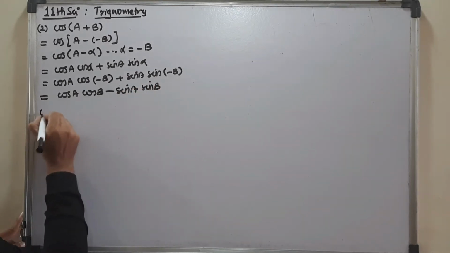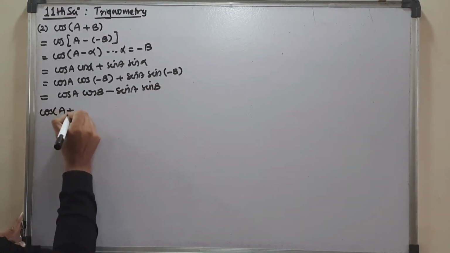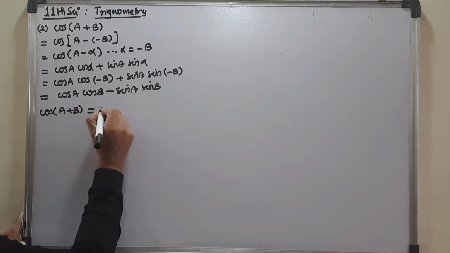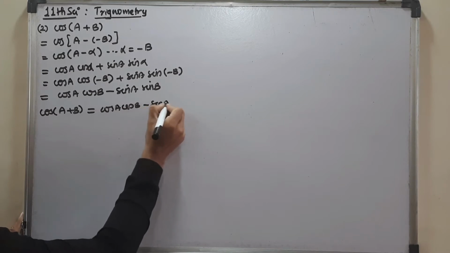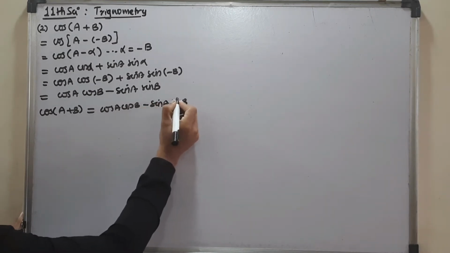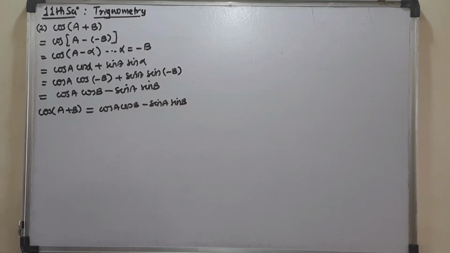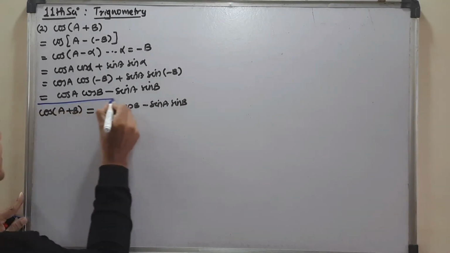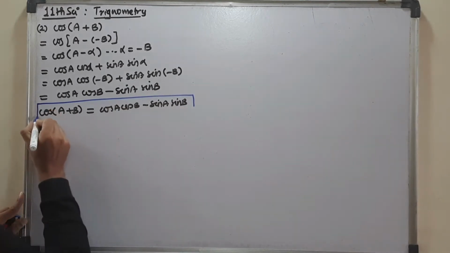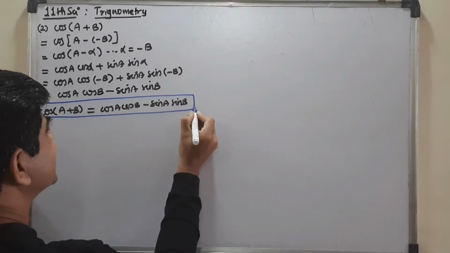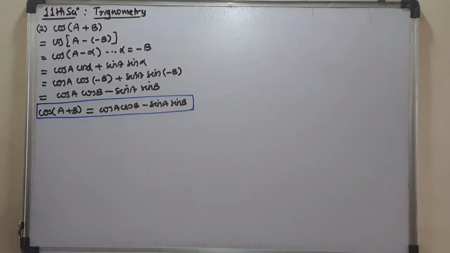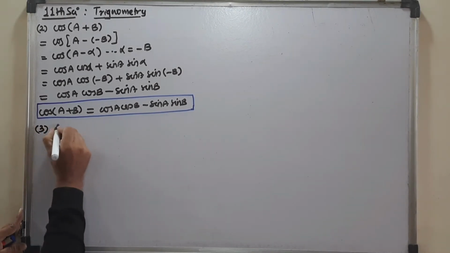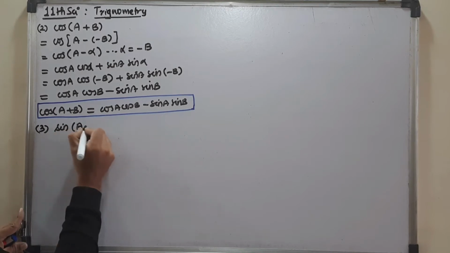So I got another result, that cos a plus b is equal to cos a cos b minus sine a sine b. Okay, this is your another result. Now using these results only, we will find out all the relationships of sine, cos and tan. So let us go now to the next one, that is sine a plus b.